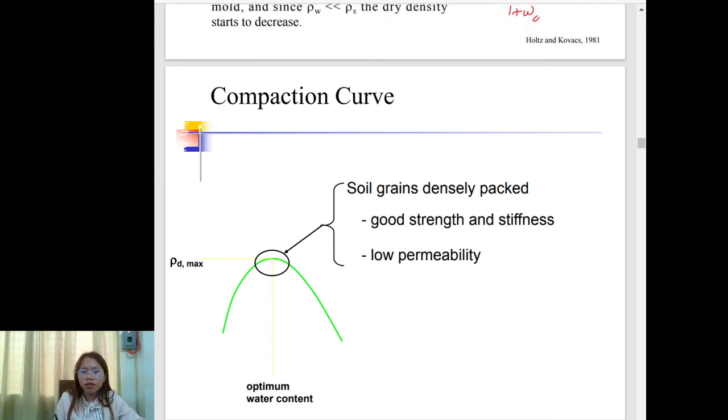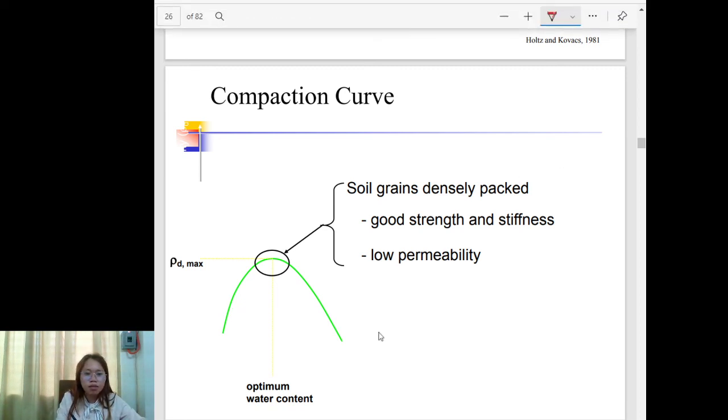This is the graph, no, of the maximum dry density, and this is the optimum water content. The soil grains are densely packed at this portion. So increasing moisture content, then compactive blows by compactive effort, using the standard or modified, you create this curve.